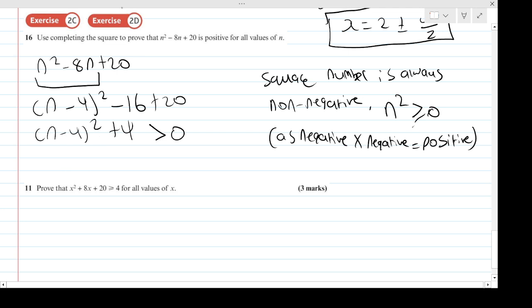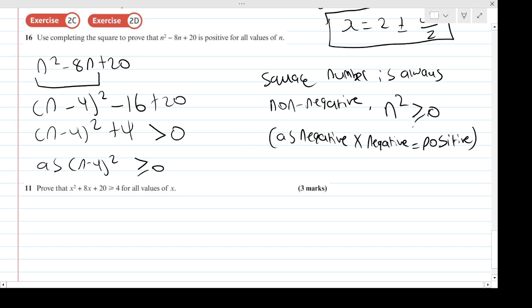So we proved that it's greater than 0, as n minus 4 squared is, I'm going to use inequalities, at least 0, because it's a square number, so it's not negative.